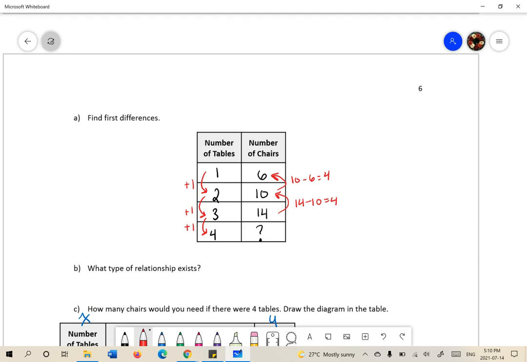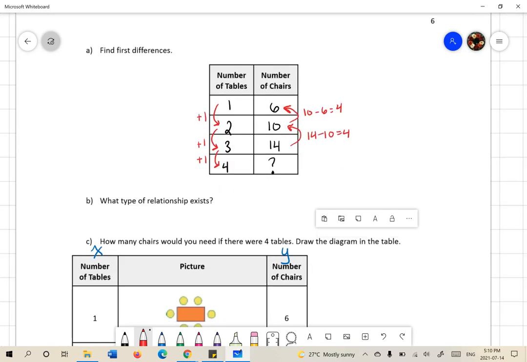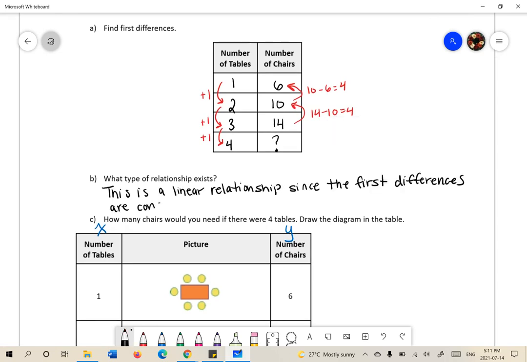And I find that my first differences are constant. So this is a linear relationship. And I'm going to write that in Part B. C. How many chairs would you need if there were 4 tables?